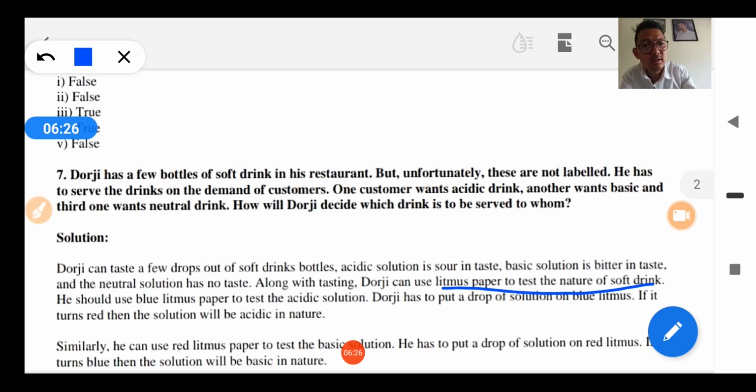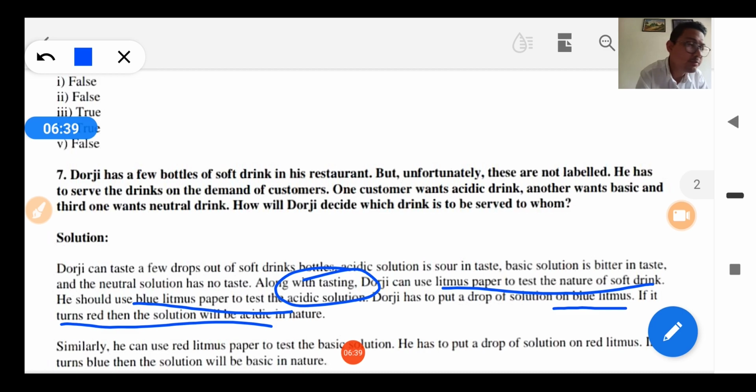If the blue litmus changes into red color, it means the solution is acidic. And if the red litmus changes into blue, it means the solution is basic in nature. Okay, and if the litmus paper does not show any change in color, whether it is red litmus or blue litmus, then it means the solution is neutral in nature.